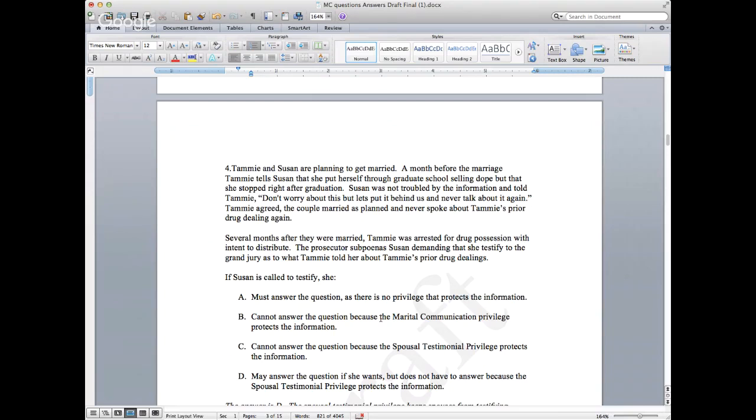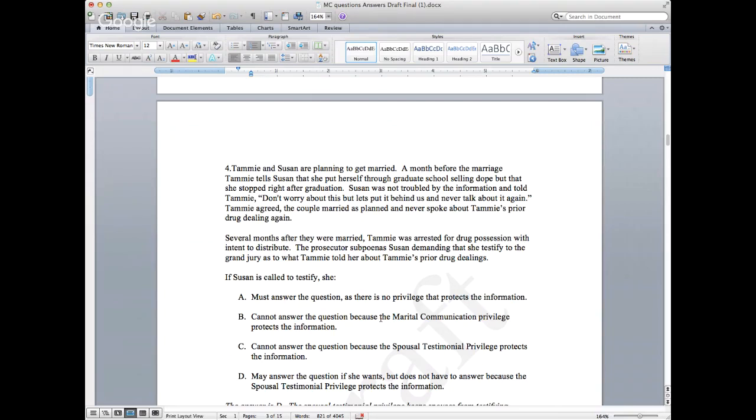So several months after they were married, Tammy was arrested, oh my God, for drug possession with intent to distribute. The prosecutor subpoenaed Susan, demanding that she testify to the grand jury as to what Tammy told her about Tammy's prior drug dealings.